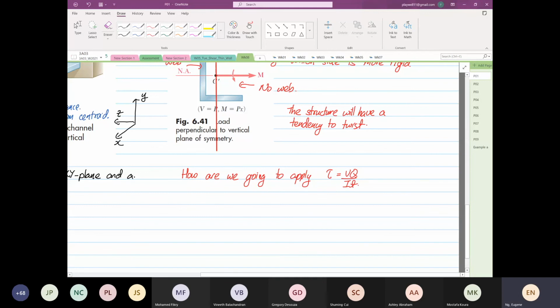What do I mean by typical engineers? We don't want to put in a new formula. In fact, there are other formulas that you can use to approximate the shear stress when you have a twist. There are other formulas around, but we don't do that. We still want to force this formula.